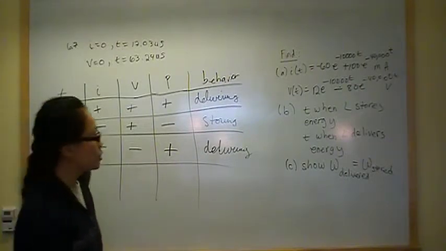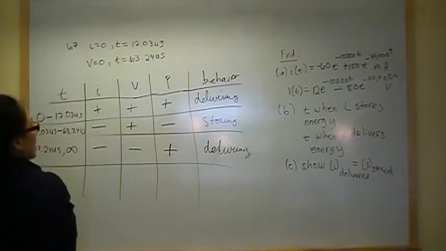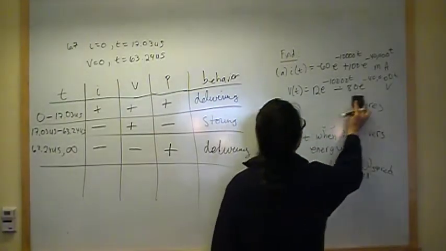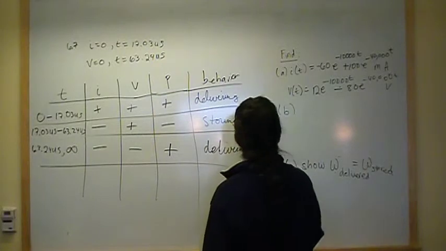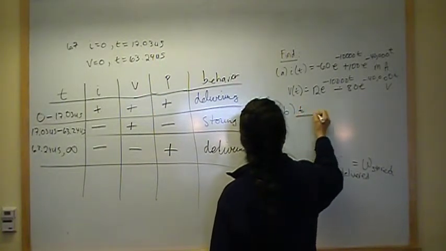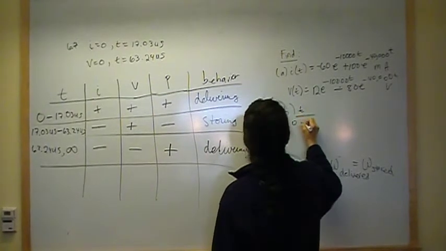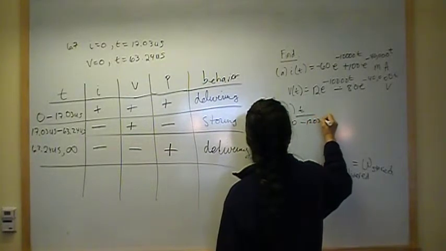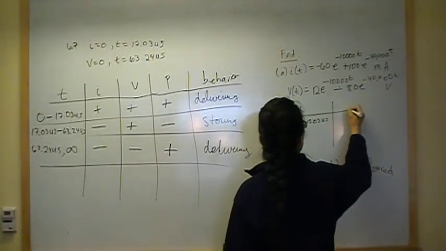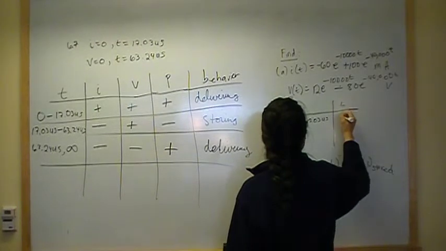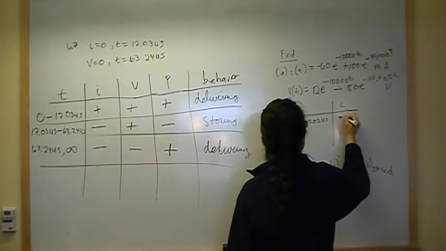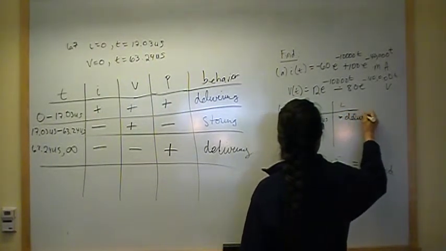So the answer to number 2 is going to be a little table that looks like this. Time 0 to 17.03 microseconds: the inductor is delivering energy to the circuit.